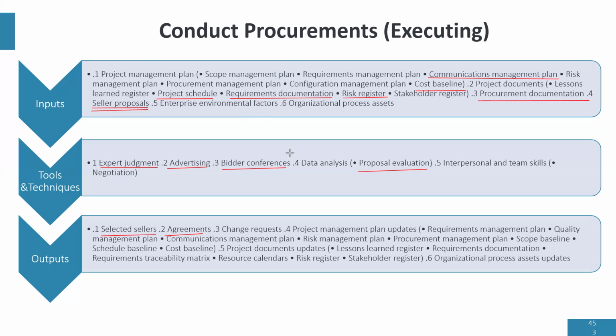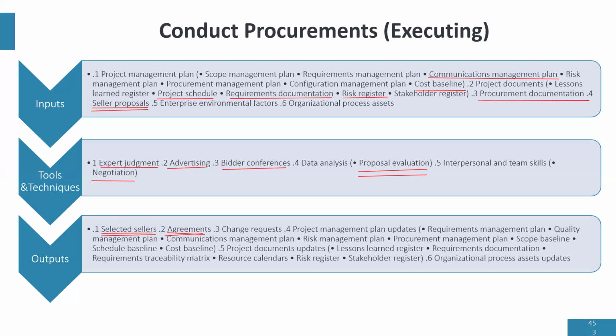We need to evaluate the completeness of their submission. Otherwise, we will disqualify them. Right? So proposal evaluation, and then negotiation is done. Once we have negotiated and we are happy with the vendors, we select the vendors and we create contracts.